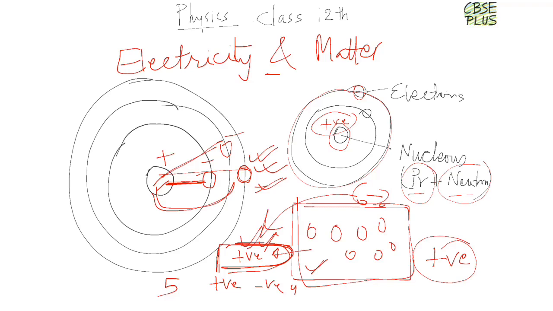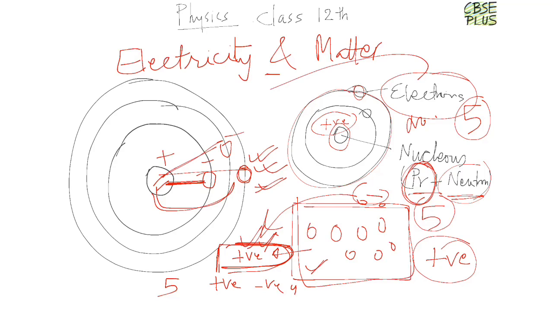To understand it more clearly, in a neutral atom the number of protons is equal to the number of electrons. Let's take an example. Suppose the number of protons is 5 and the number of electrons is also 5. When one electron is transferred away from this atom, it will have more protons and fewer electrons.